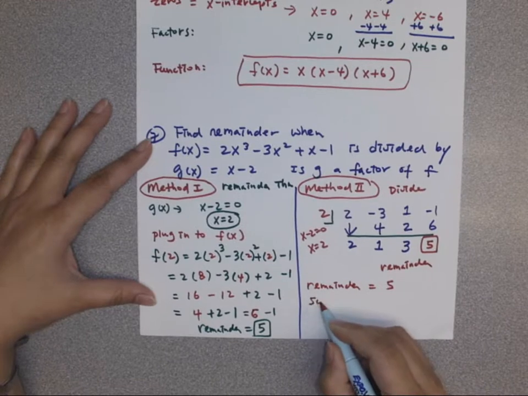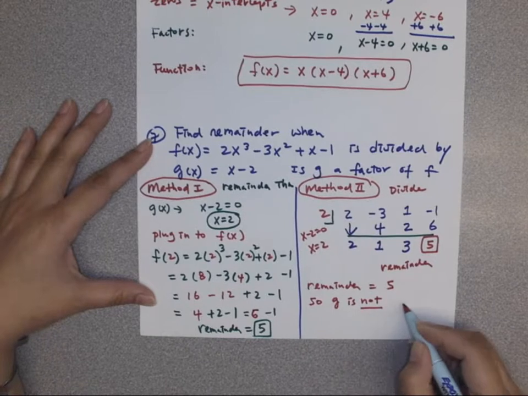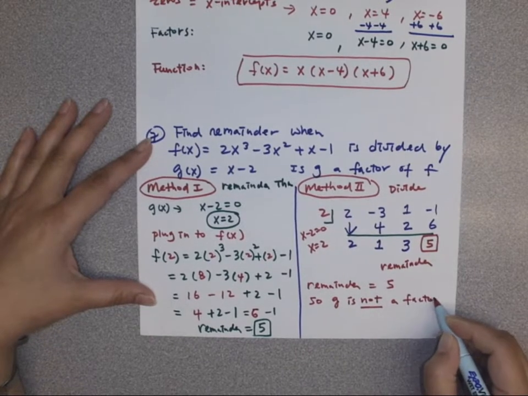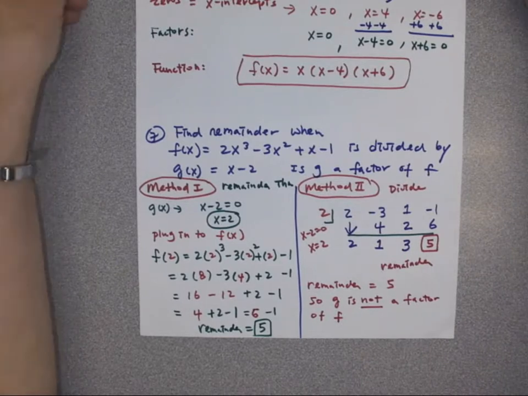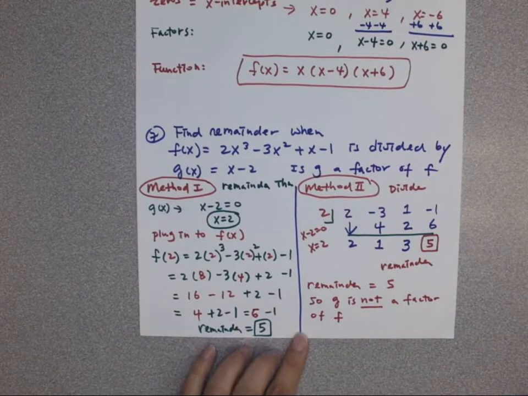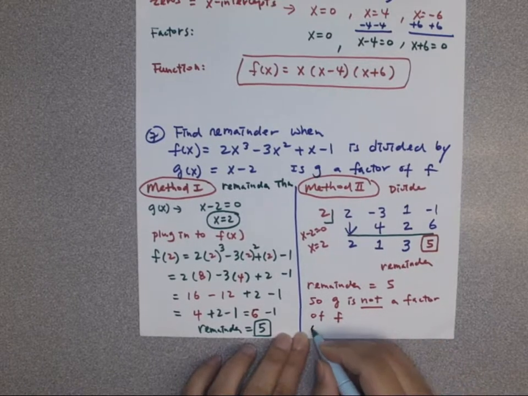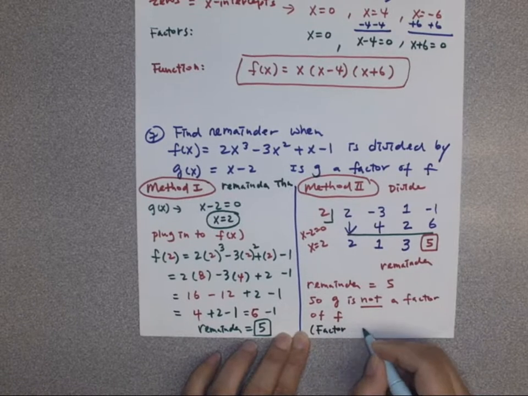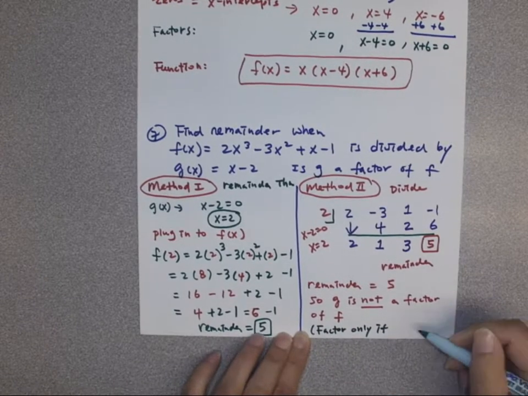We can say g is not a factor of f of x. The only time this can be a factor is if the remainder is equal to 0. So factor only if remainder equal to 0.